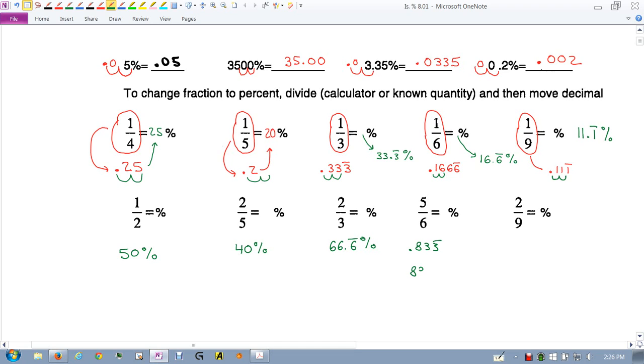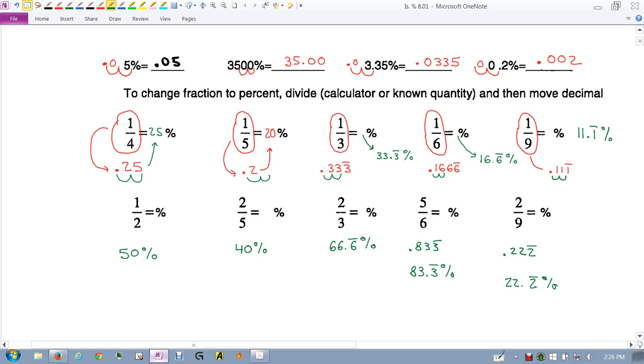So 83.3 repeated percent. And 2/9, 0.222 repeated, which is 22.2 repeated percent. Any questions on that? That's pretty straightforward, right?